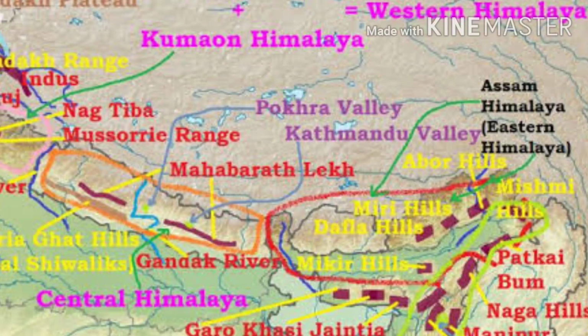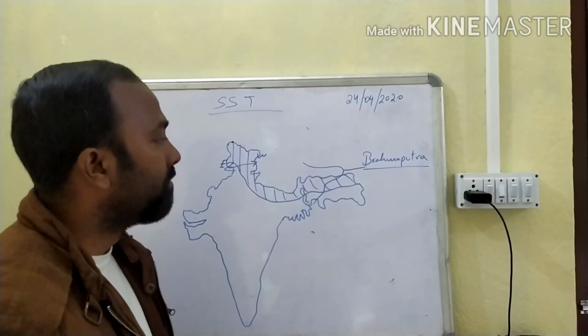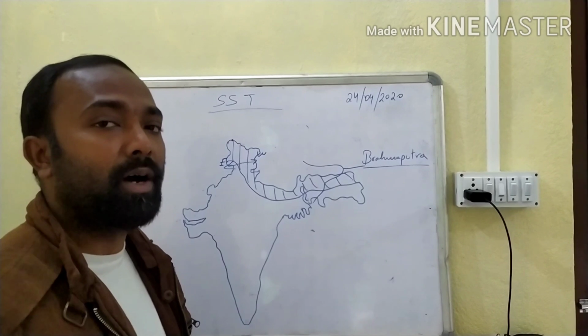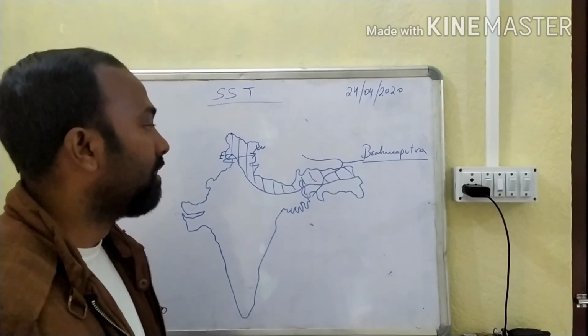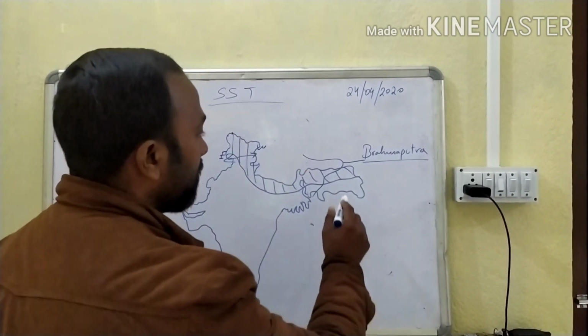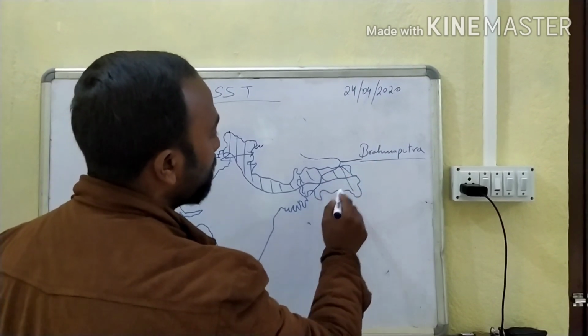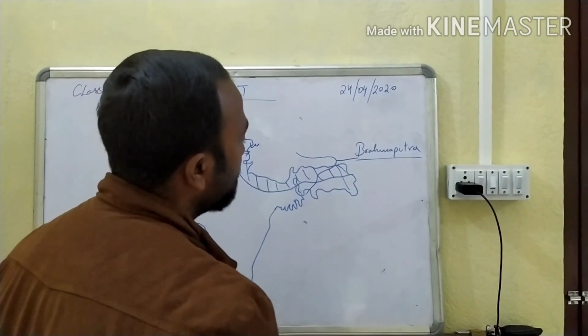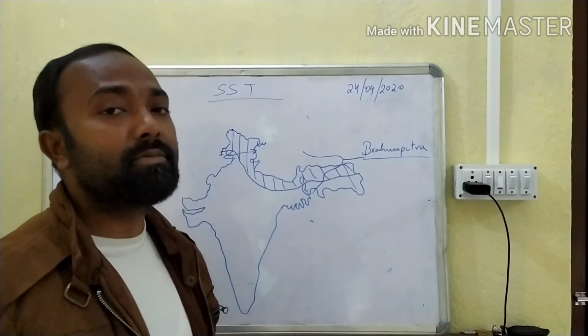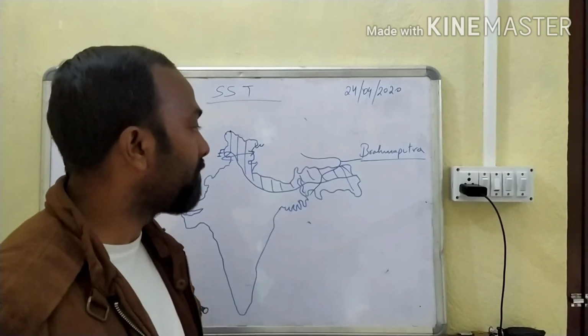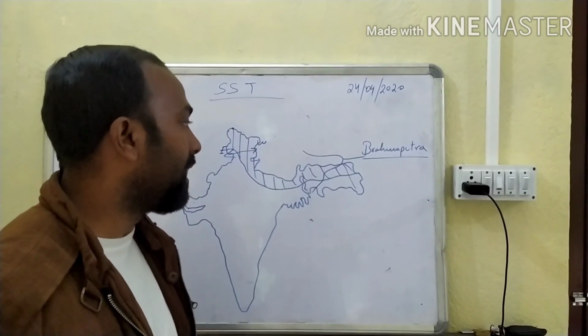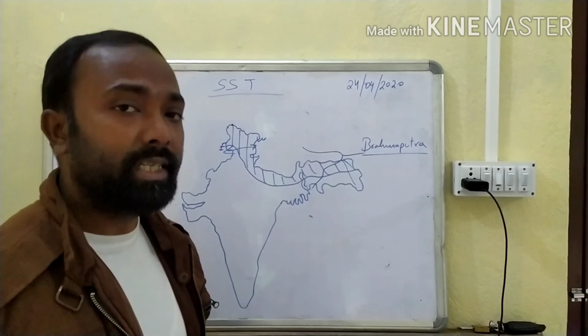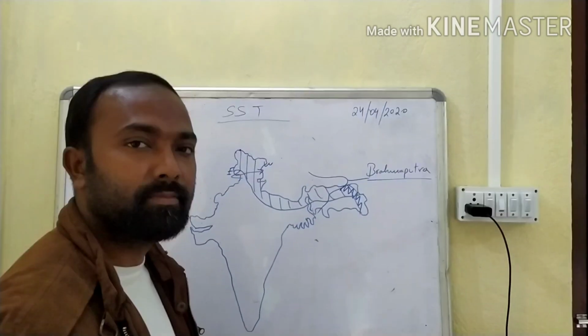In this regard, the Brahmaputra river marks the easternmost boundary of the Himalayas. From the Dihang gorge, the Himalayas bend sharply southward and spread along the eastern boundaries of India. That means the eastern boundaries of India will be the end of the Himalayan range.